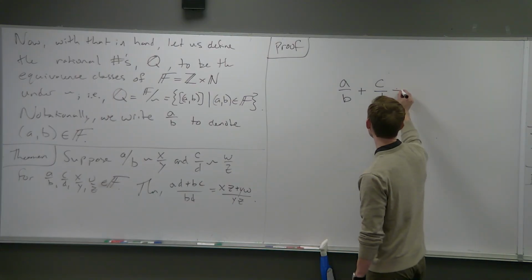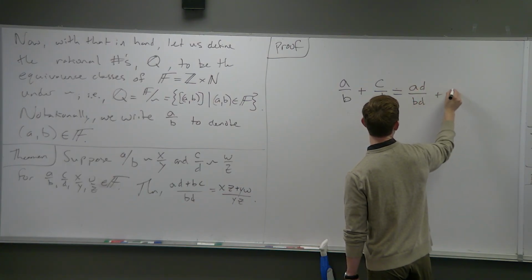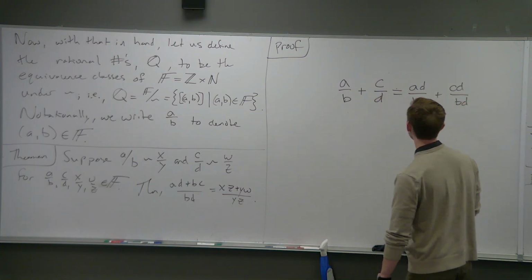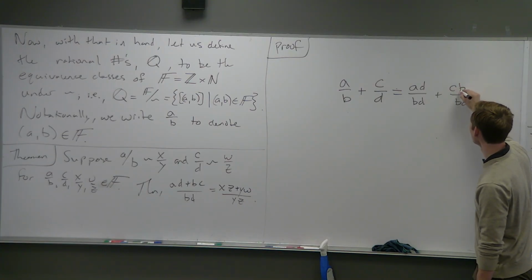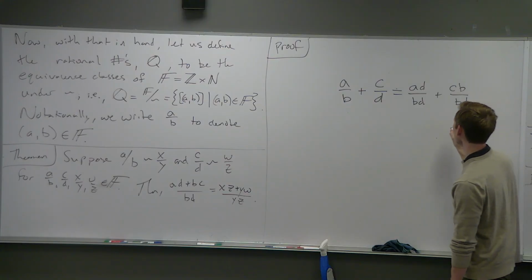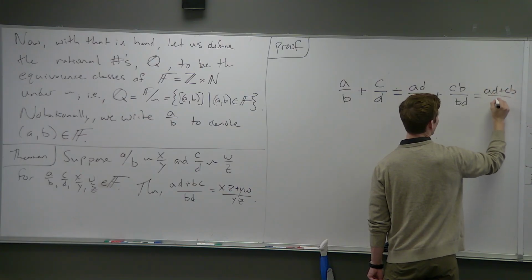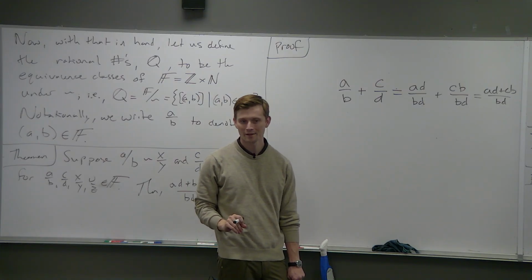Well, we get common denominators. We go AD over BD plus CB over BD. That is, this is just AD plus CB over BD. Do you agree with that?